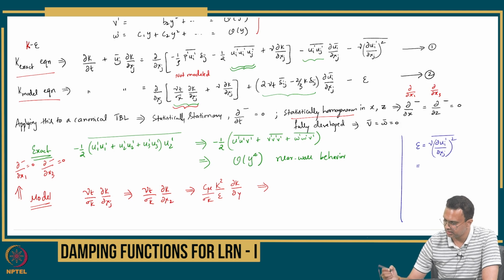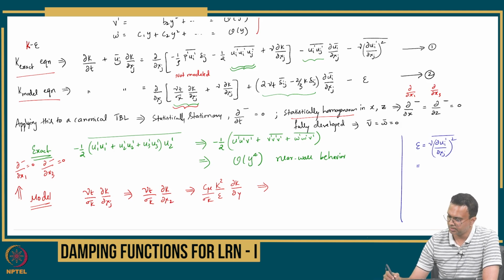So upon expanding this, I would get a sum of 9 terms. All 9 terms survive here because it's the average of two fluctuating quantities, so it's a correlation term. But we are looking into the y dependency. So in the sublayer, the gradient dou by dou y will be much larger than dou by dou x.